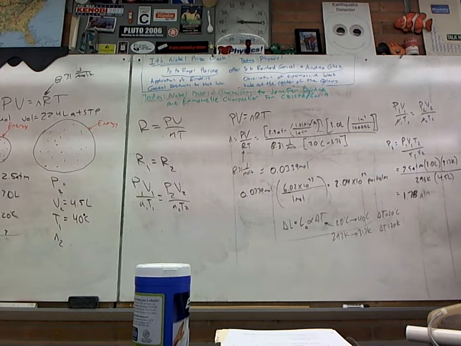Because they're looking for people who might not even know what those symbols in PV equals nRT mean, but can look at the list of variables, find the equation, start plugging numbers in, get an answer, and it's going to be a choice. It's absolutely going to be a choice. The wrong answers aren't random values. They're the right answer, and the three things people screw up the most.